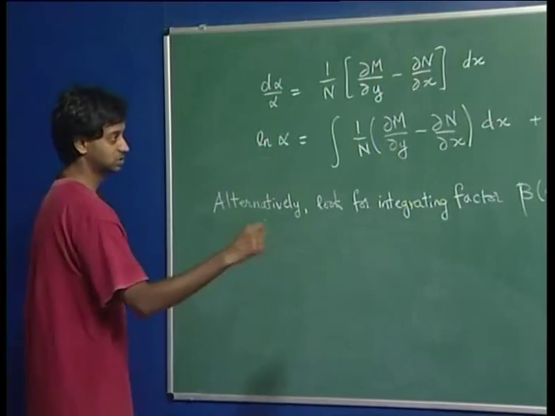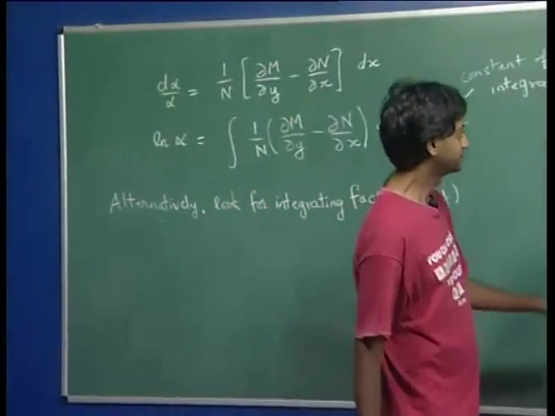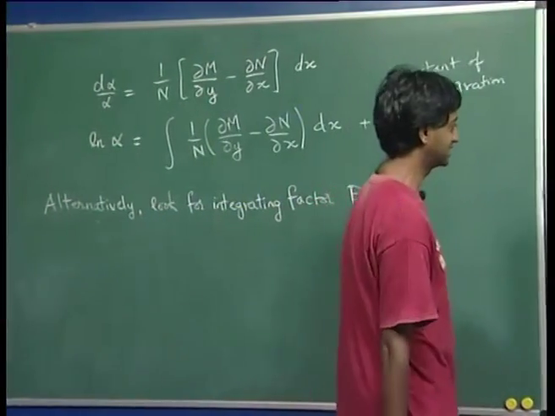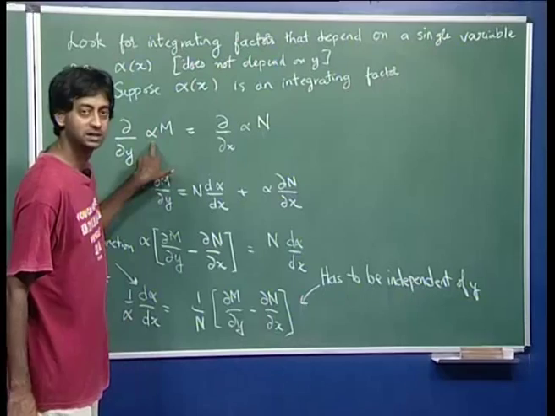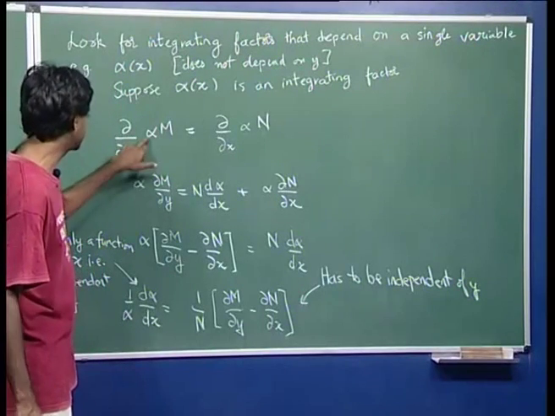So, you will say that instead of alpha you will have beta, okay, and you have the same condition, but beta depends only on y.